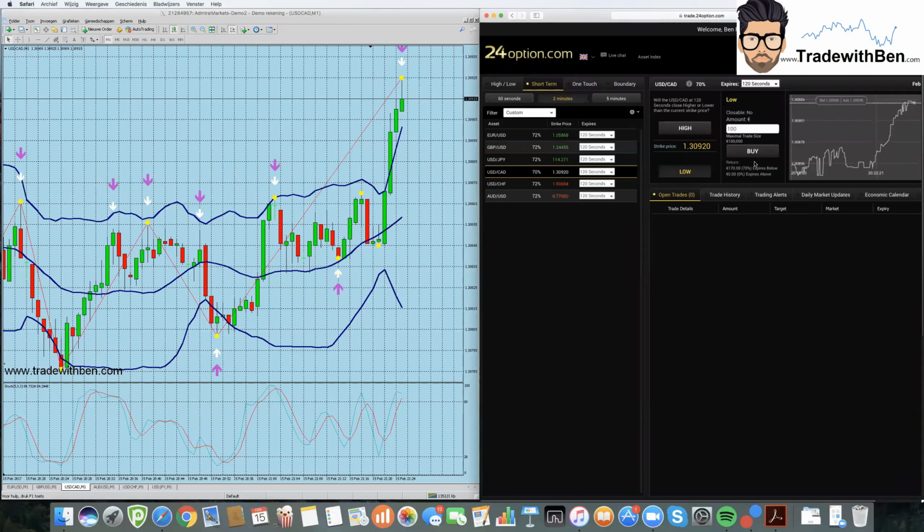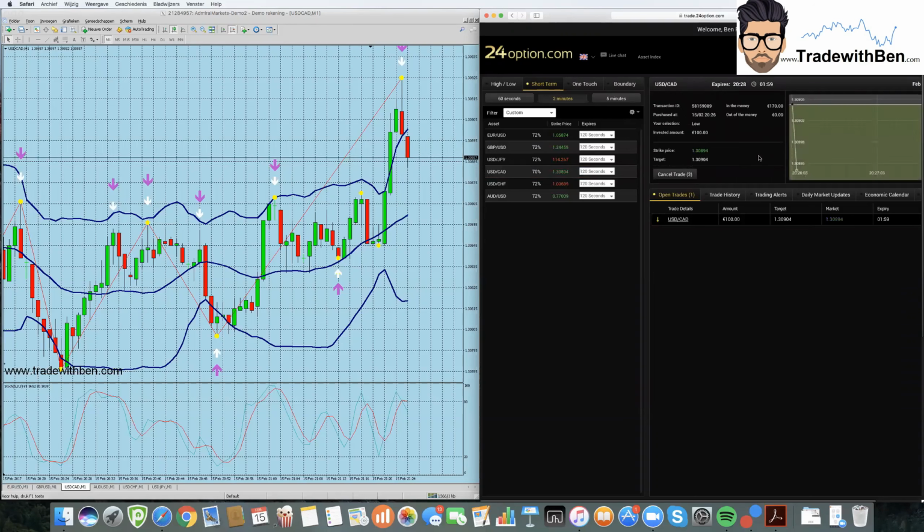Just still waiting for the second candle. Don't know why it's taking so long, but yeah, waiting for the reversal, and it's going to go down.